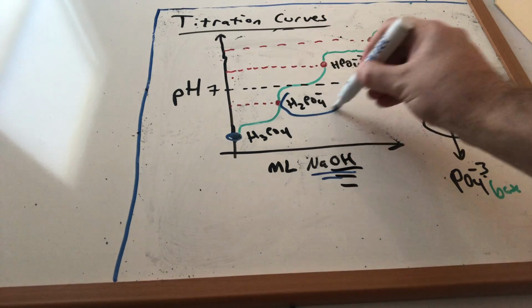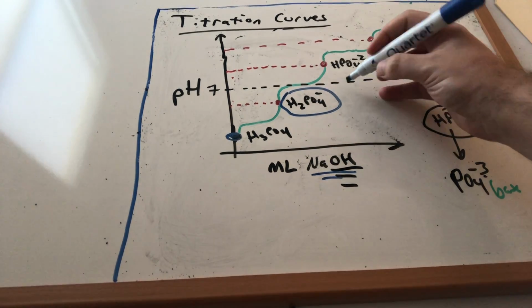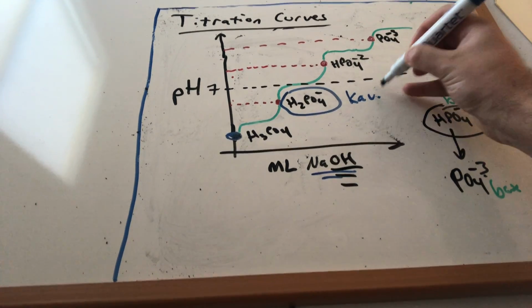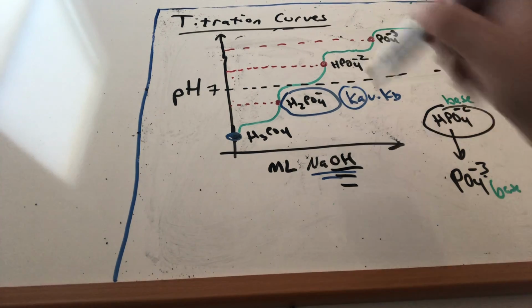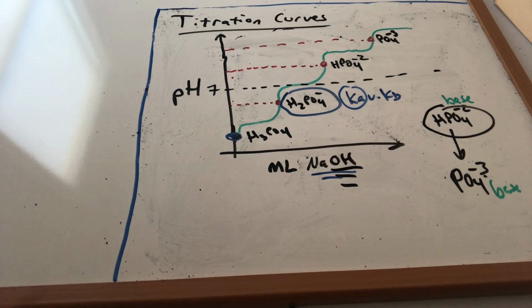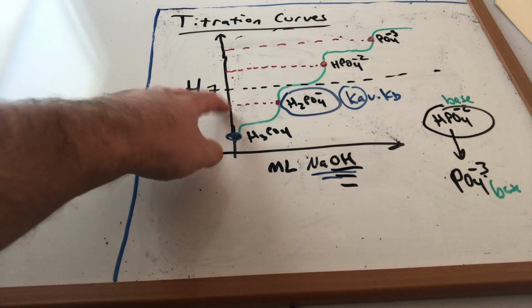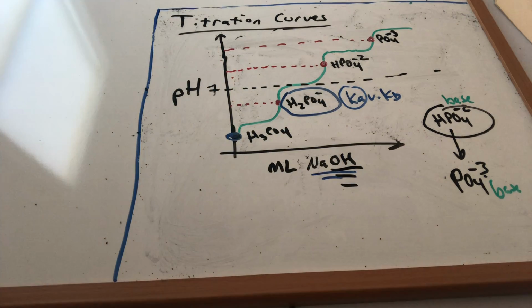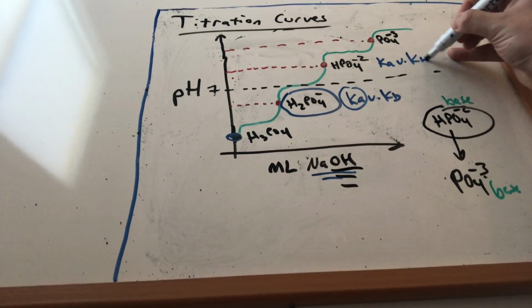You look at this species and you decide whether it's an acid or a base with a Ka versus Kb check. And when you do that check, whatever you decide, in this case the Ka was bigger, remember we did that before, that tells you where you're putting the vertical region. I'm putting it less than 7 because it's an acid. When I did a Ka versus Kb here, what did we decide?